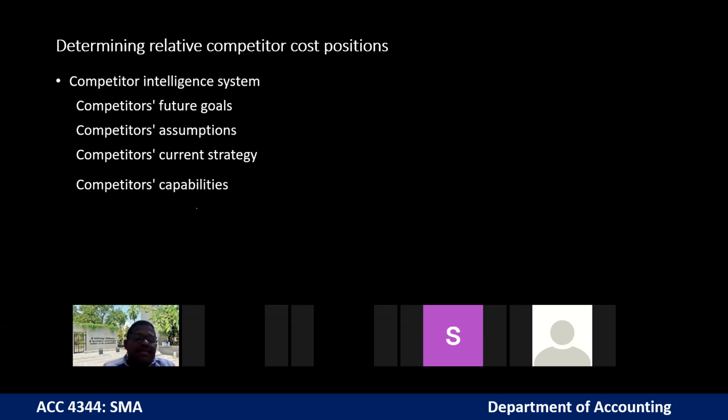Then, what are the competitors' current strategies? What are their capabilities? When you identify those things, you know where you play. Otherwise, it is like playing in a playground, like football, where you should always know what the opponents are doing. What is their strategy? What are their capabilities?